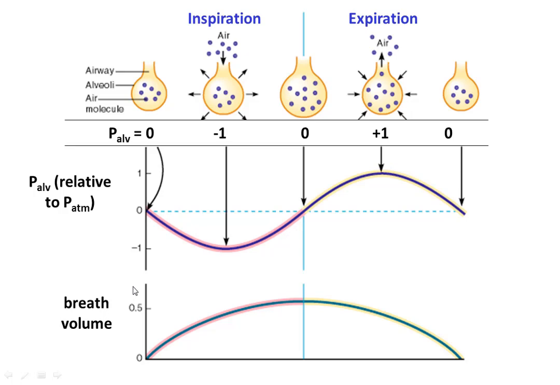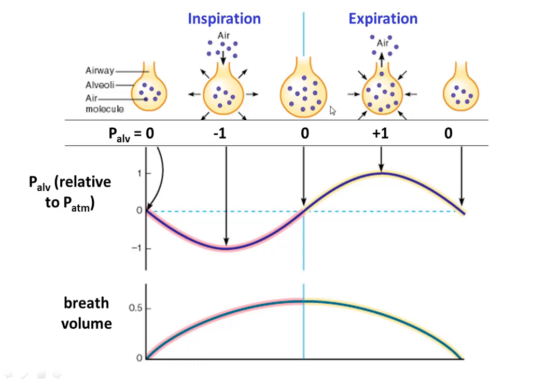When this happens, the pressure inside the alveoli by the end of inspiration is atmospheric pressure, and the diaphragm and the external intercostal muscles relax, and the process of expiration begins when the chest cavity returns to its original size.